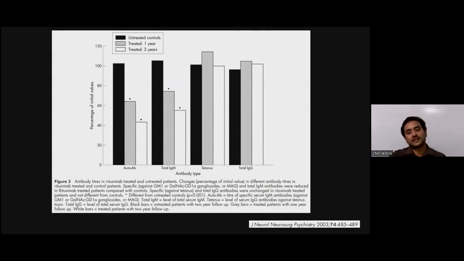Then this is another study from 2003, where you can see total IgM, tetanus, and total IgG. Here I want to show that it is not affected by IgG; total IgG is the same.